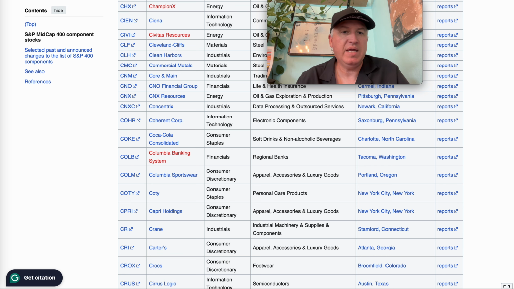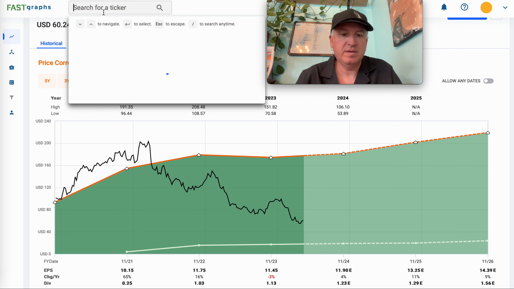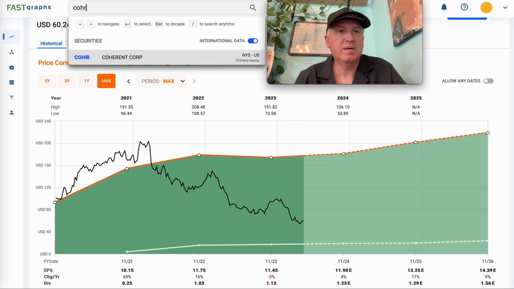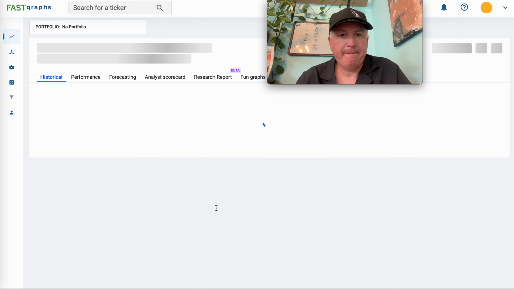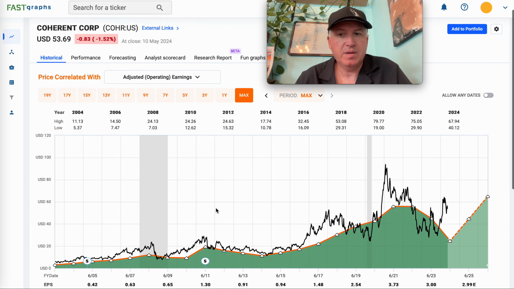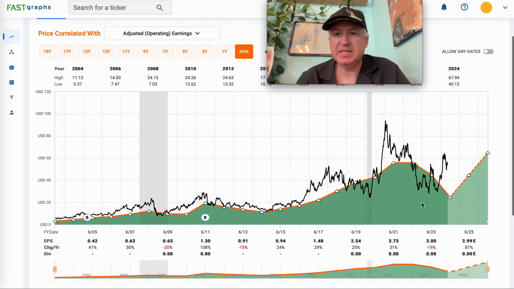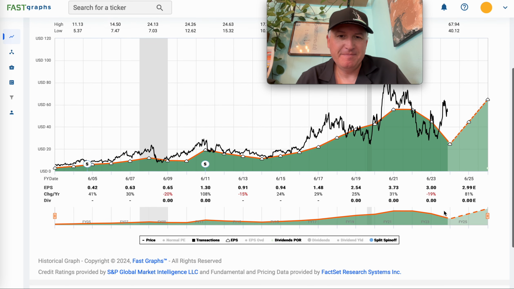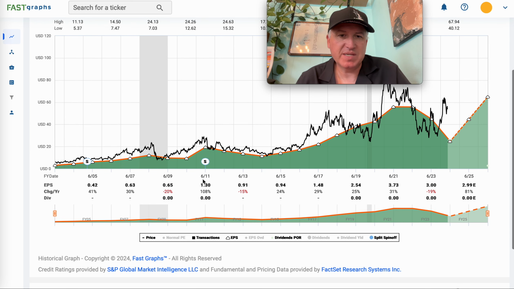Coherent, COHR. Okay, so this one looks pretty interesting until we get to this current down cycle here. 2011 was kind of a one-off year. Oh, they split stock. Maybe they had some kind of M&A.